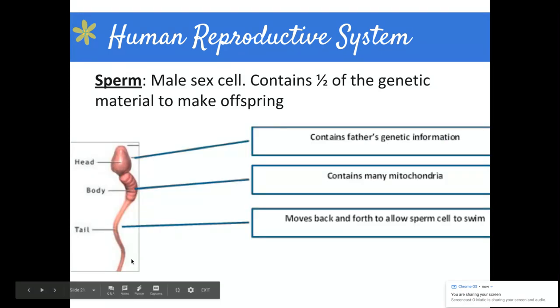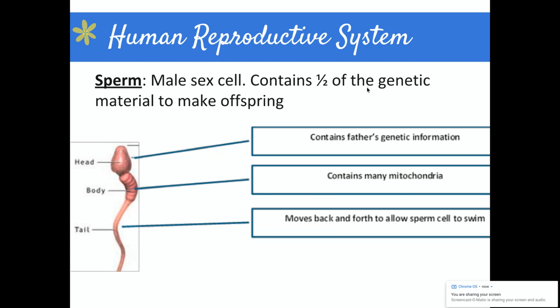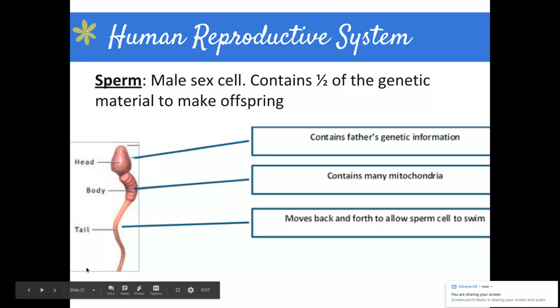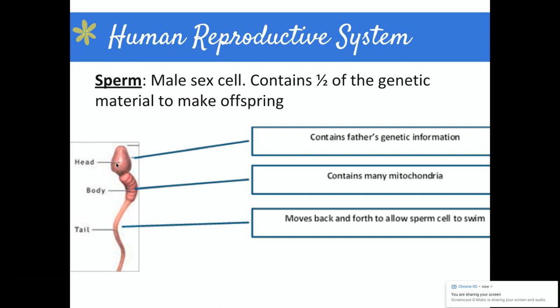Let's take a closer look at the male sex cell. It looks kind of like a tadpole. It contains half the genetic material to make an offspring, but this tadpole shape is important to its function. The head of the cell contains the father's genetic information. Well, half of its genetic information.